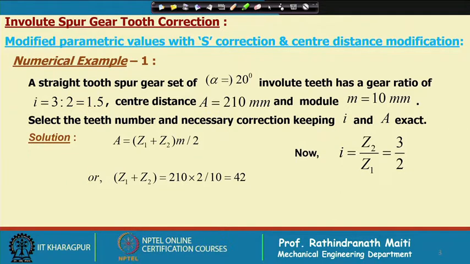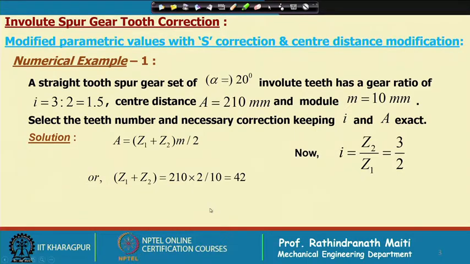If we take 16, it is close to 3 by 2, but not 3 by 2. If we take 24 divided by 18, again it is not 3 by 2. If we take 26 by 16, again it is not 3 by 2. So, no solution is possible.